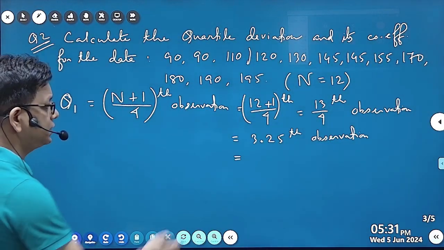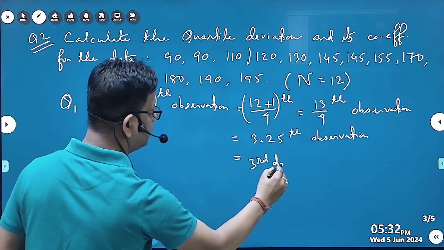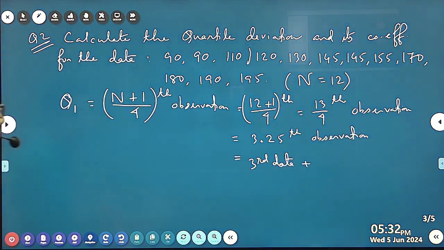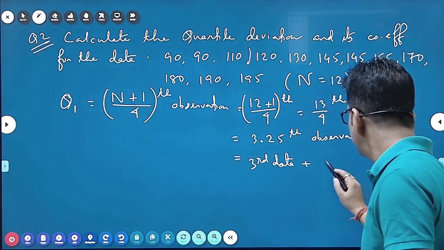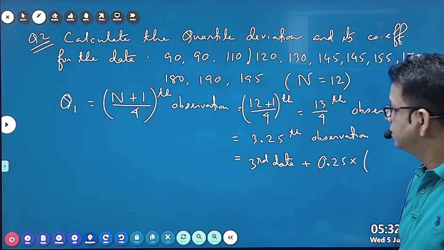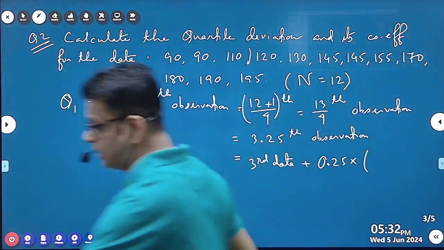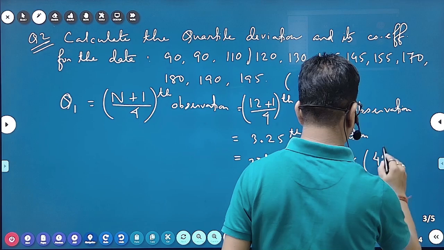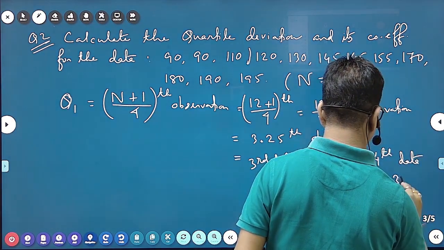What to do here is, for 3.25, the third data we will write. Then how much is left? 0.25. What will we do with this 0.25? 0.25 will be multiplied with the fourth data minus the third data.